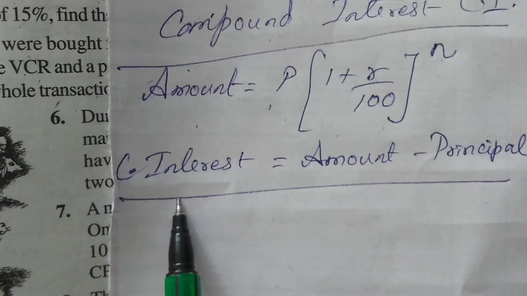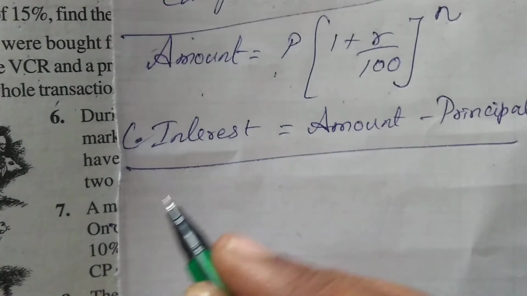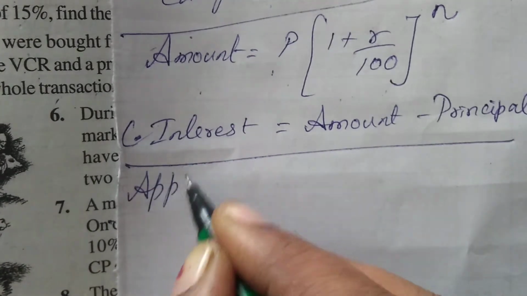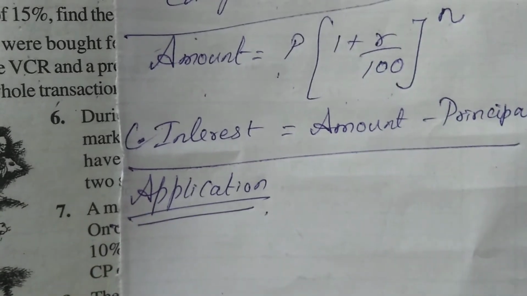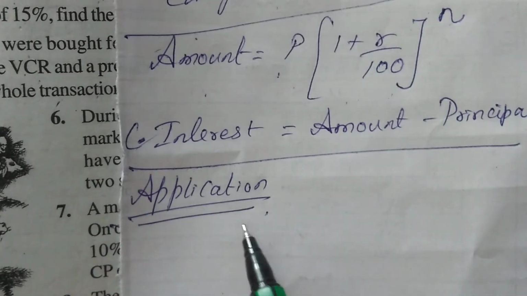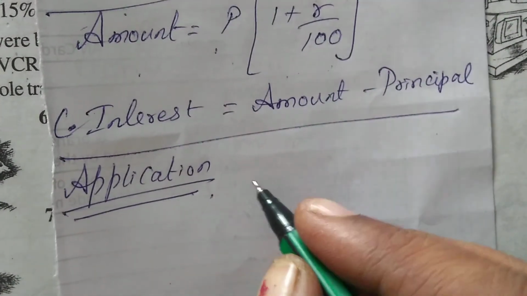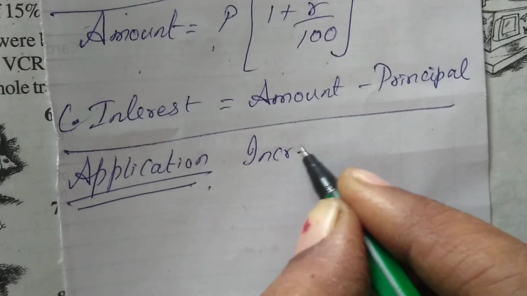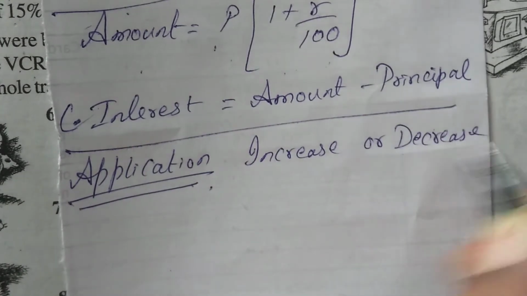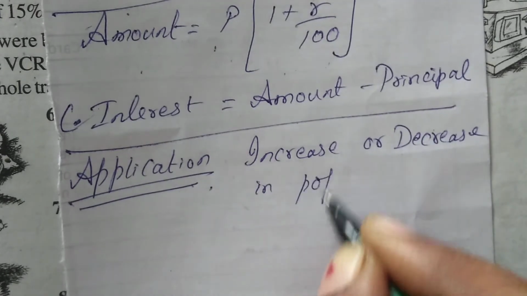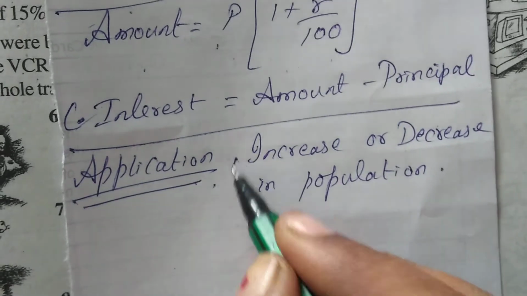Using compound interest, it's not only about calculating money, there are some applications also we are going to do. So what are those applications? That is in day-to-day life, what all we are going to do? We find increase or decrease in population. This is one. Then second is growth of bacteria.